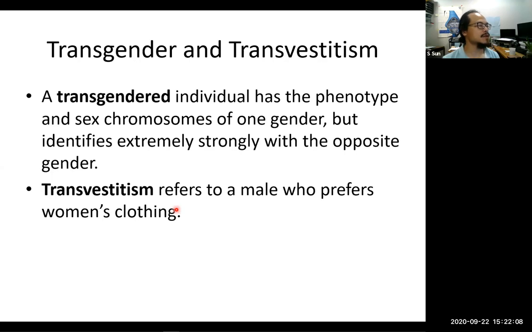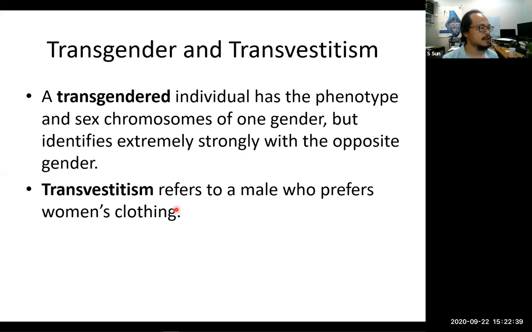For example, transgender refers to a person whose genotype and phenotype are normal, but whose identity, the way he or she sees him or herself, is not consistent with the phenotype and the genotype.